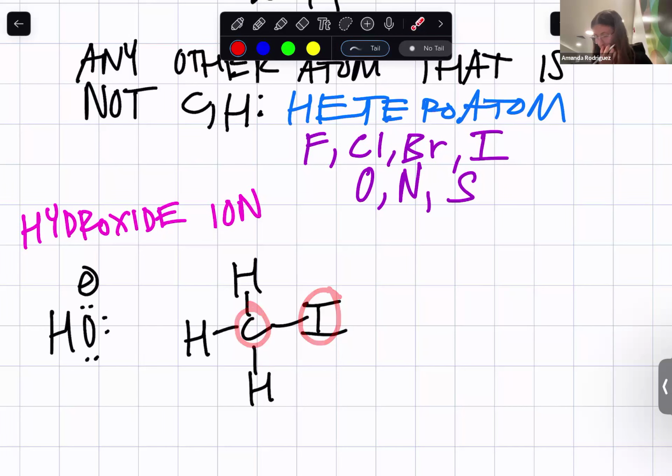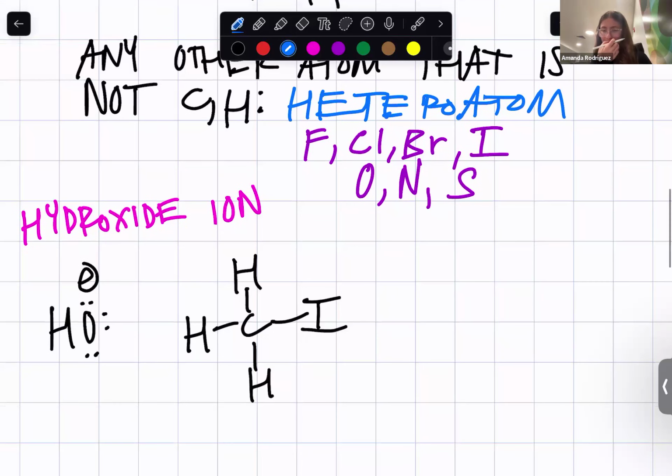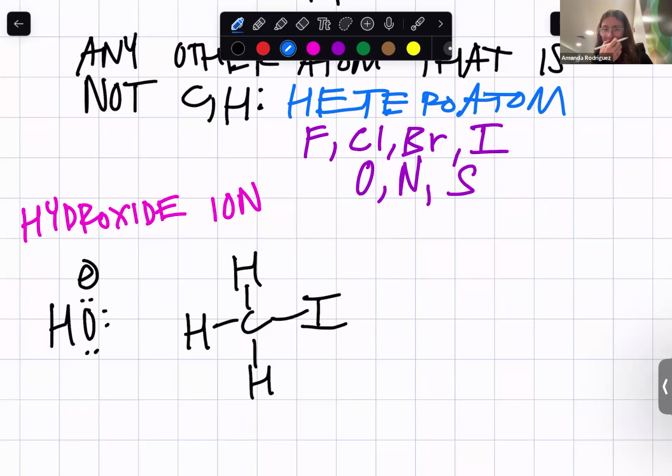I think the partial charge on iodine, since it's further to the right, it'd be partial negative on the iodine and partial positive on the carbon. Correct. It's going to be partial negative on the iodine and partial positive on the carbon, because iodine is more electronegative, like you said. It's more on the right on the periodic table.